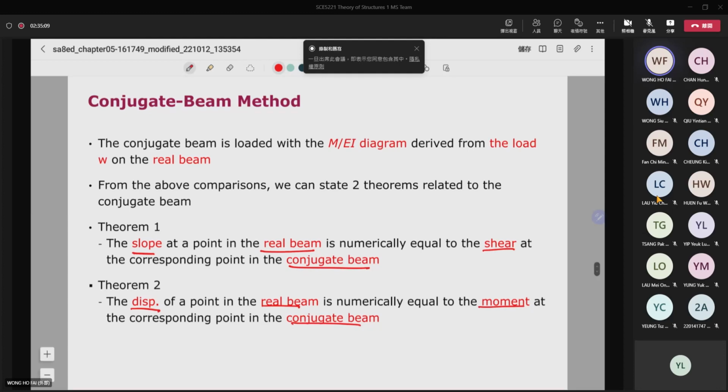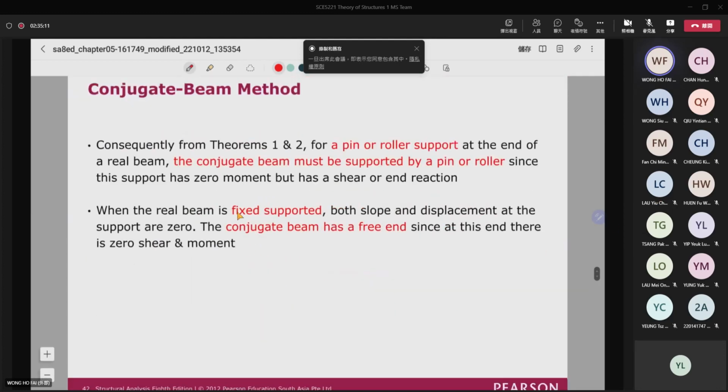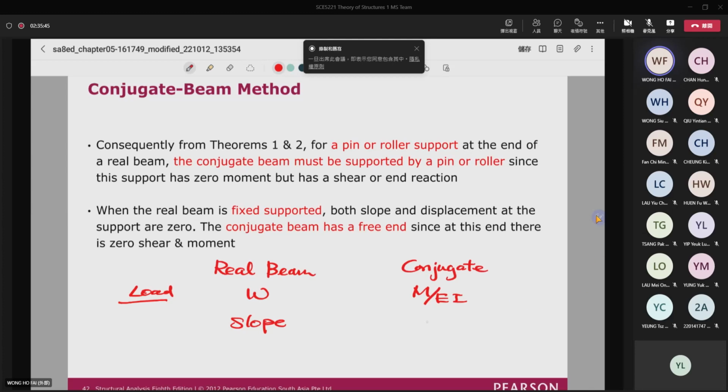So you can see that right here, the real beam is here, then the conjugate beam is here. For the load applied on the top of the beam, it will be W here, and for here, applied on the top of the beam, it will be M over EI. This is the load applied on the beam. Then for the slope, if I want to find the slope, I just need to find the shear of the conjugate beam.